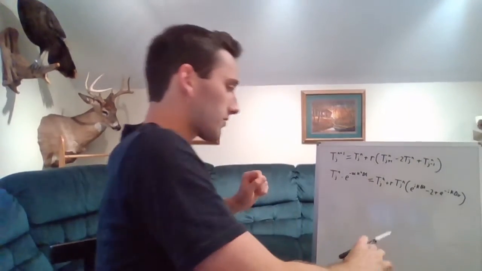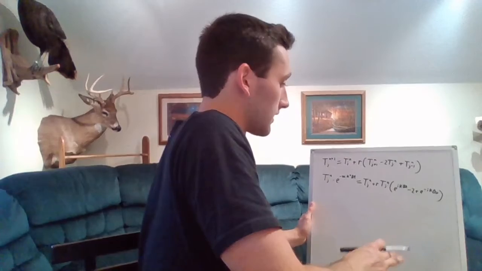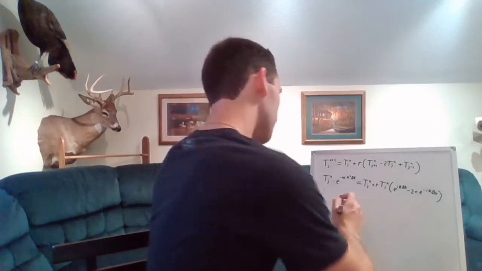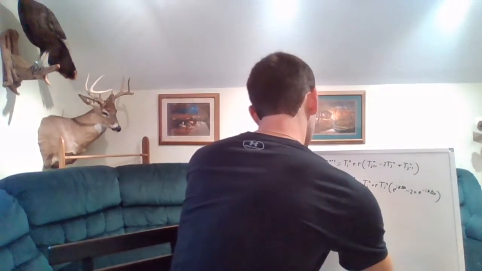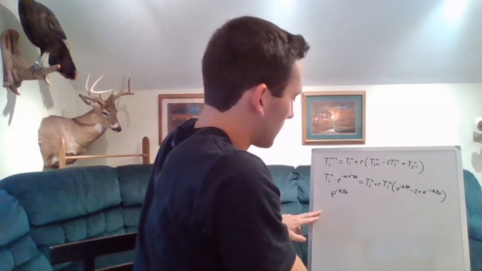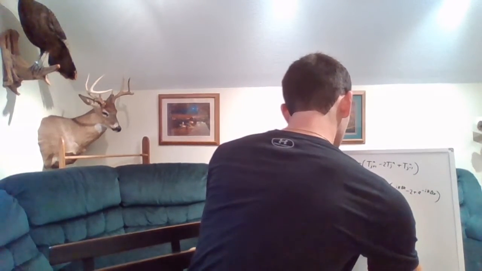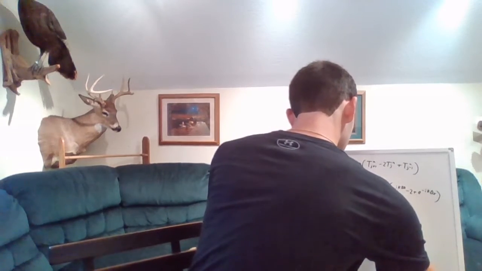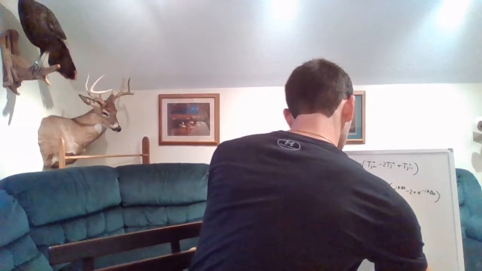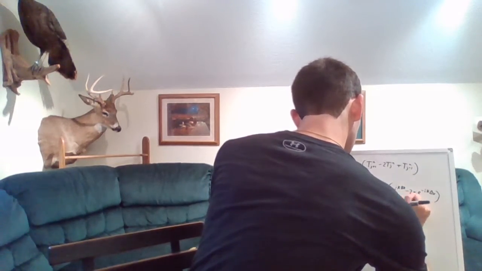What we will end up doing is simplifying this more. We can simplify these values because e to the ik delta x equals cosine k delta x plus i sine k delta x.